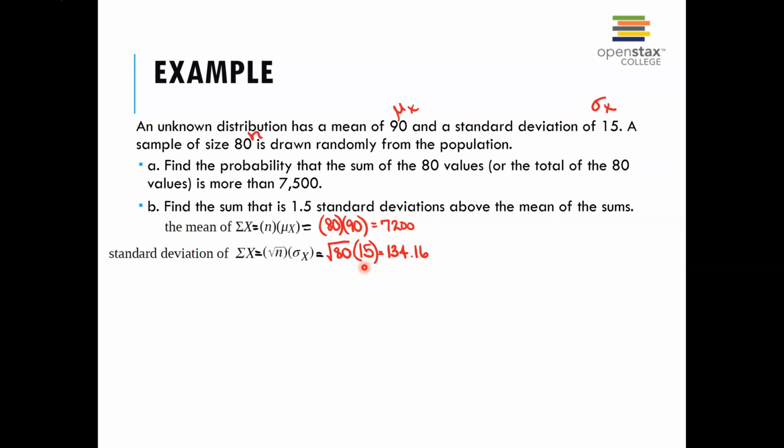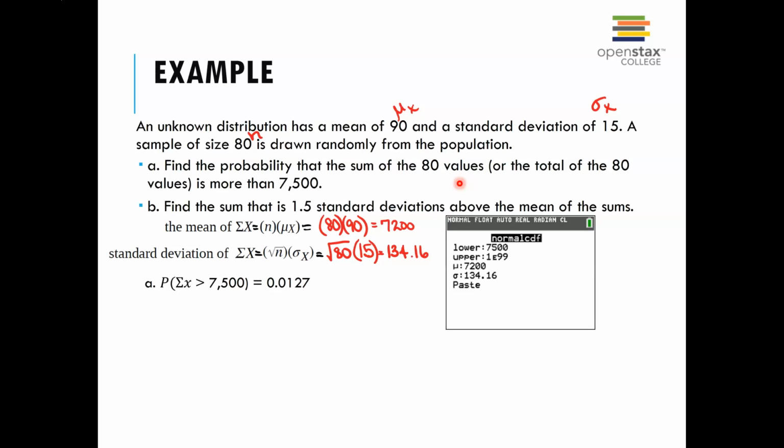All right, so when it says find the probability that the sum of the 80 x values is more than 7,500, again, I know this is a normal distribution. So I'm going to do a normal CDF. I'm going to give it my lower value. It says it's more than 7,500, so my lowest value would be 7,500.